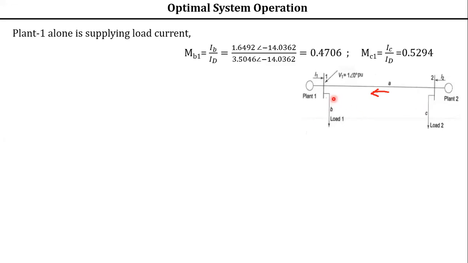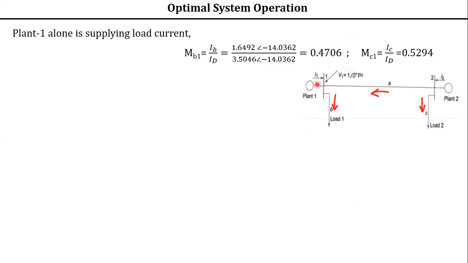What is the direction of current in this one? Downwards. Here also downwards, isn't it? So let me mention those things here. This is also in this direction. Okay, fine. This is what we got.